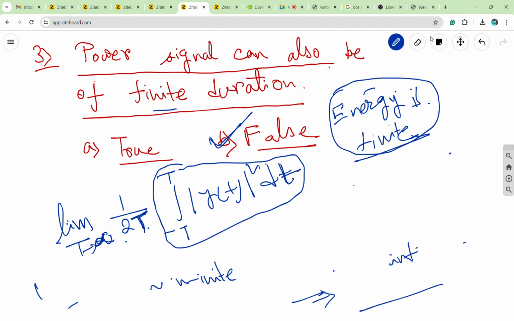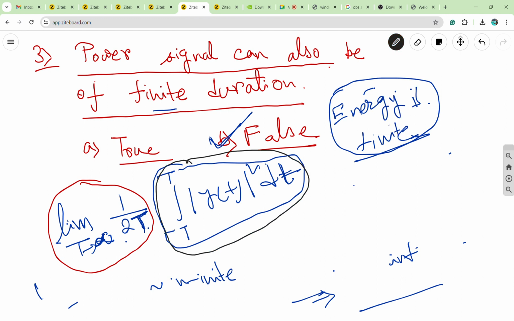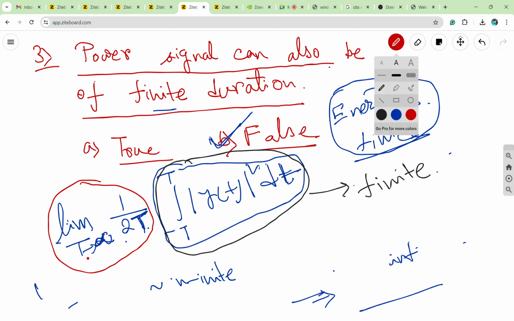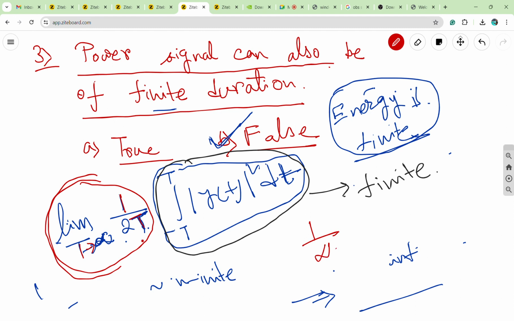If I do not think about the other two terms, only this term, the black one, it is finite. But now t tends to infinite, 1 by 2t, so this is 1 by infinite.